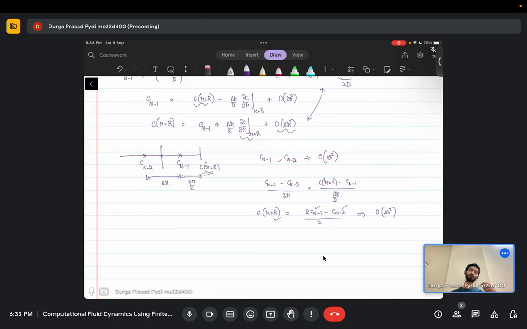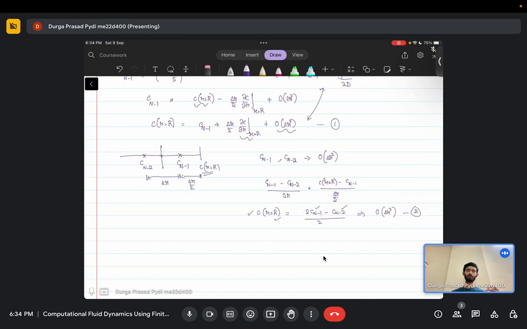What I mean by second order accuracy is that if you refine your mesh, it will converge that way. But the original question is, say this is equation 1 and this is equation 2, which one of these do you think will be more accurate in terms of representing the actual value? It appears that equation 2 is more accurate compared to equation 1.